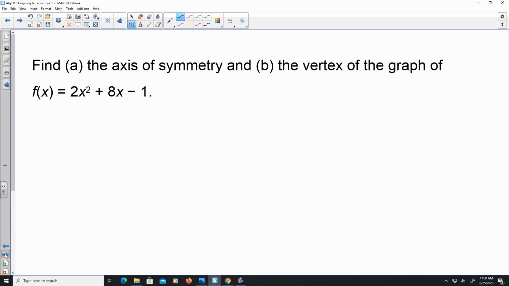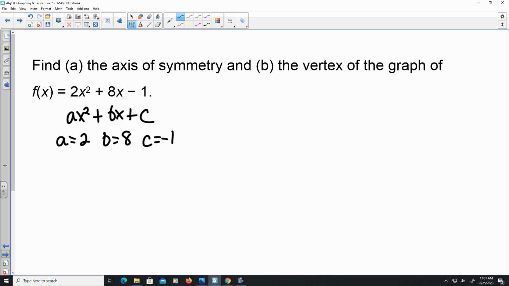What I like to do in these problems is write out the general form for a quadratic function, ax squared plus bx plus c. Then I want to illustrate what a, b, and c are going to equal. So a is 2, b is 8, and c is negative 1.